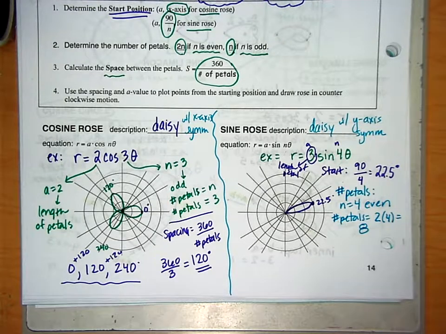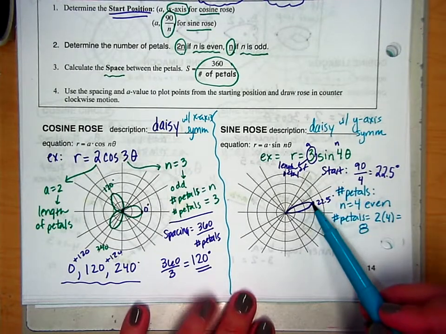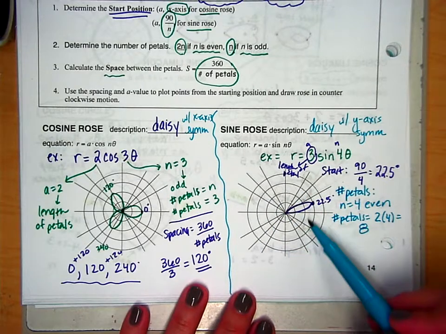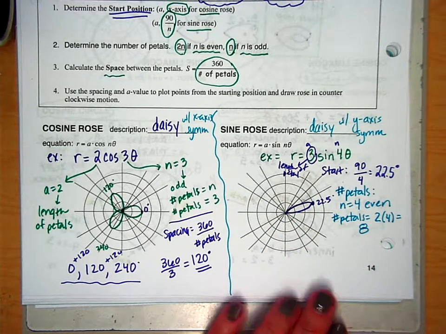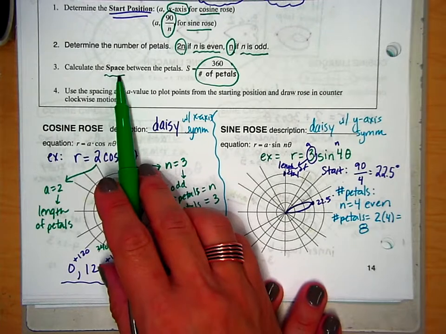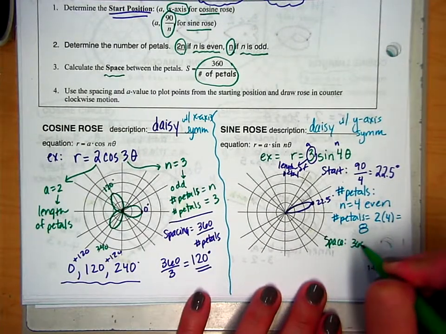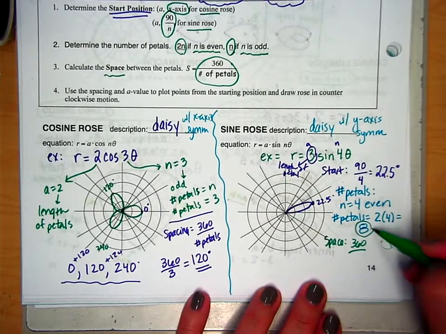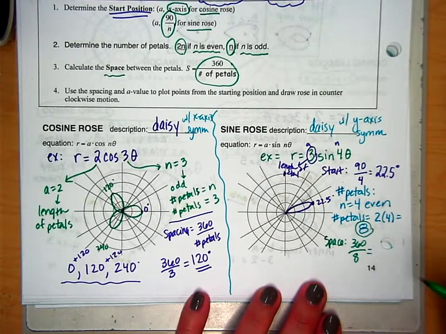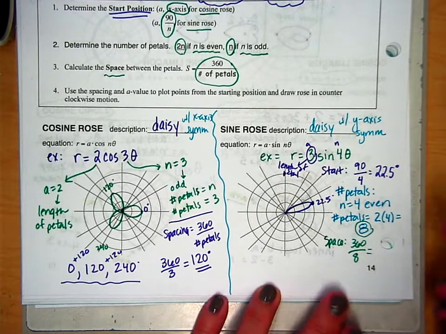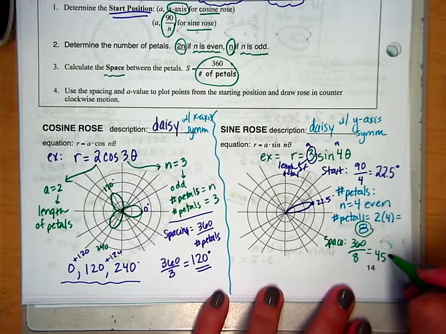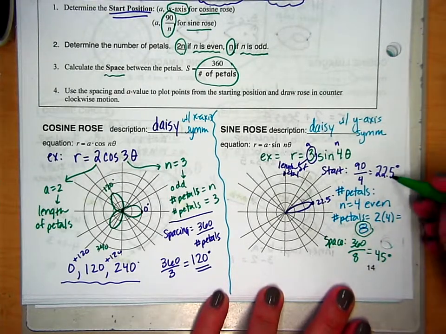So I got to get 8 petals starting at 22.5, evenly spaced around the circle. So I got to do spacing next. Step 3, calculate the space. 360 divided by that number of petals, which was 8. What's 360 divided by 8? 45. So that's going to be my spacing between each of the petals.